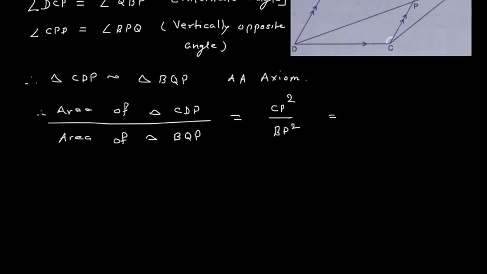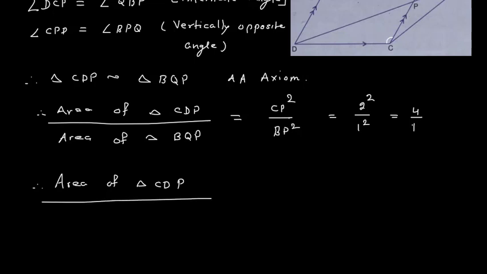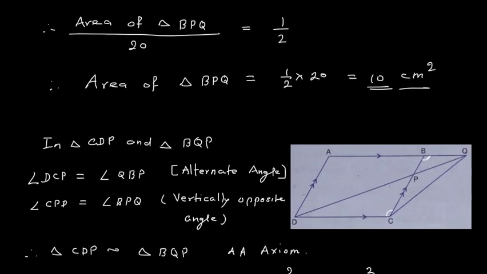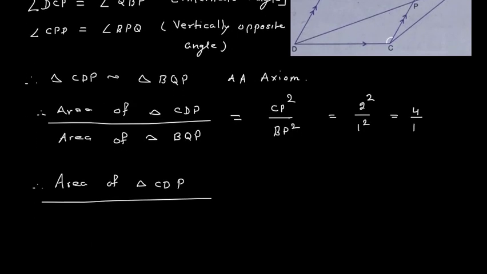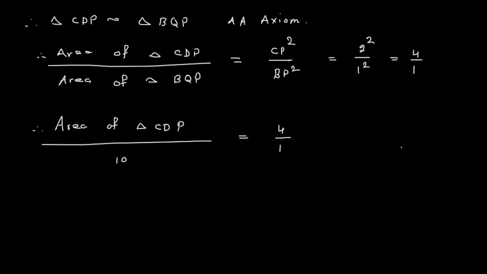So this is 2 square upon 1 square, that is 4 upon 1. So area of triangle CDP divided by area of BPQ, which is 10, is equal to 4 divided by 1. So therefore area of triangle CDP is equal to 4 into 10, that is 40.